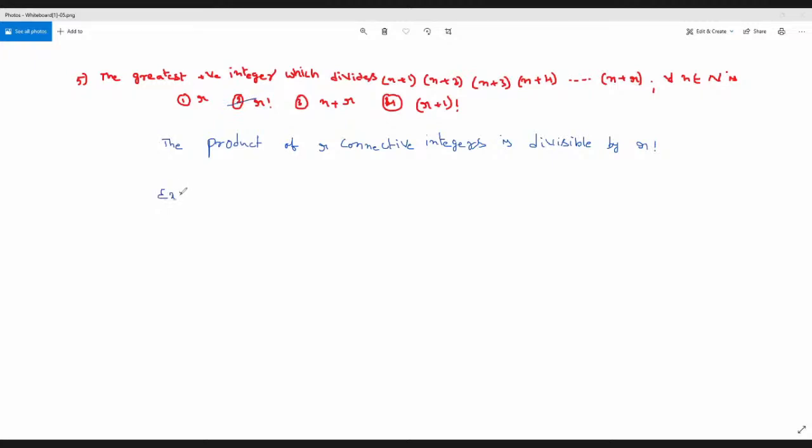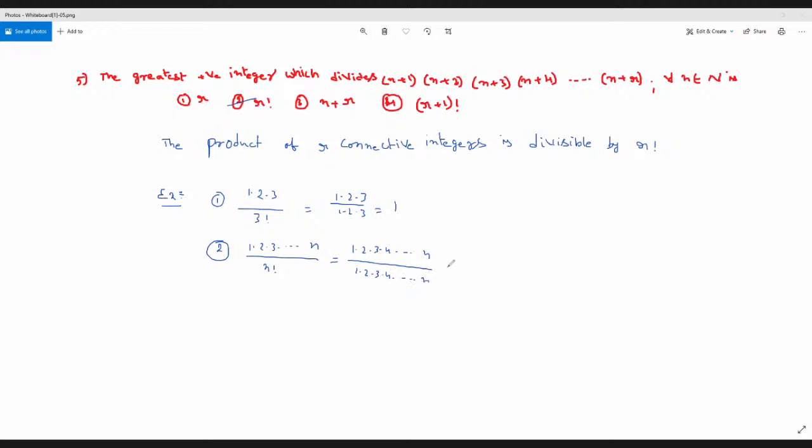For example, product of 1 into 2 into 3, it is divisible by 3 factorial. So 1, 2, 3 divided by 1, 2, 3. It is divisible. Same as it is product of n terms, 1, 2, 3, 4 and so on up to n terms is divisible by n factorial. n factorial means product of n terms, 1 into 2 into 3 into 4 and so on n.